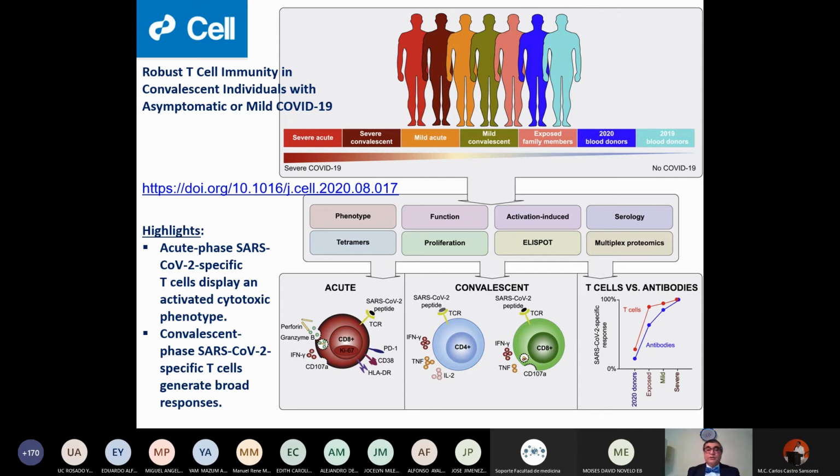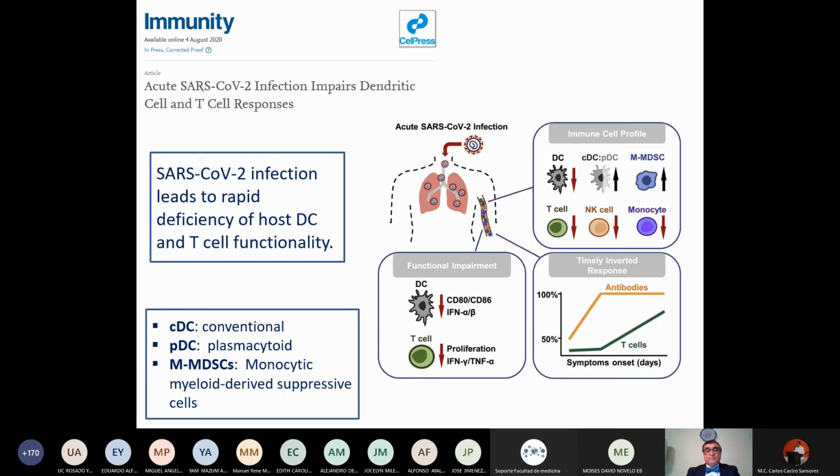Again, this was an Australian cohort. Then, in a Chinese study, they did similar profiling of the immune system. Their finding was that the level of monocytes is decreased, as well as plasmacytoid cells.